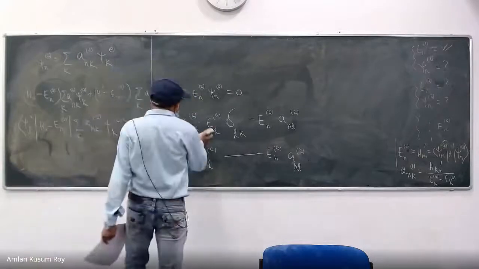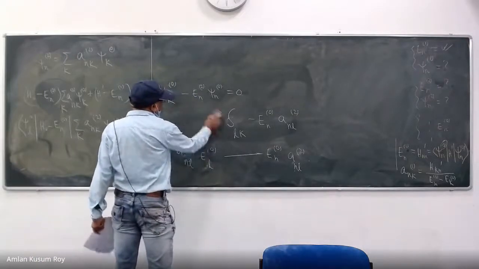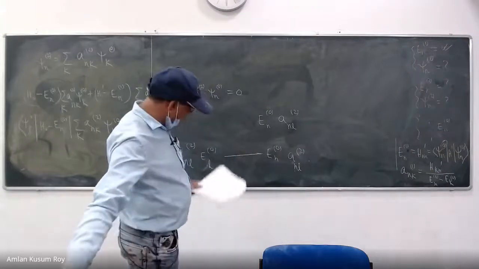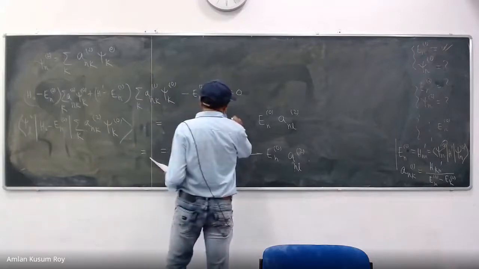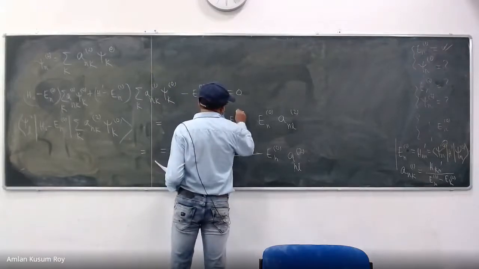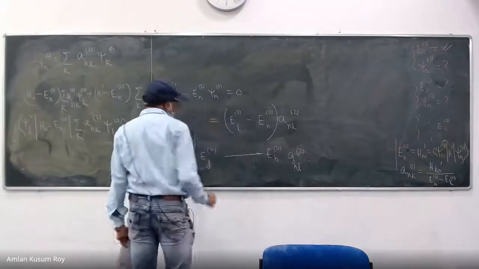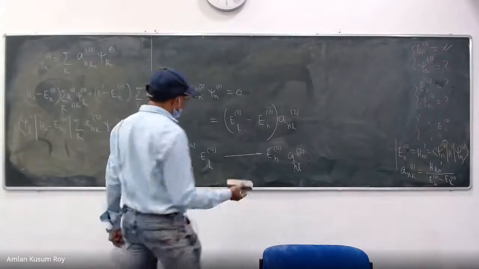So that means I can write (E_L^0 minus E_N^0) A_NL^2. That is the first part of this whole story.